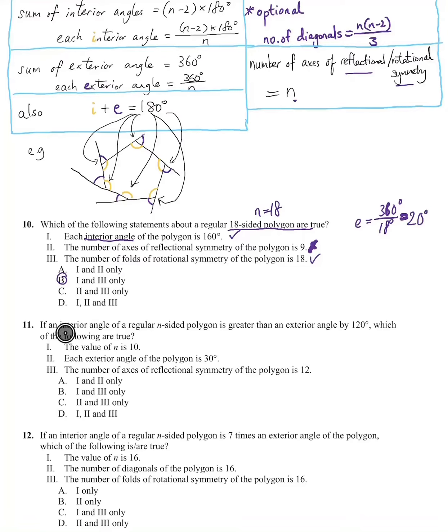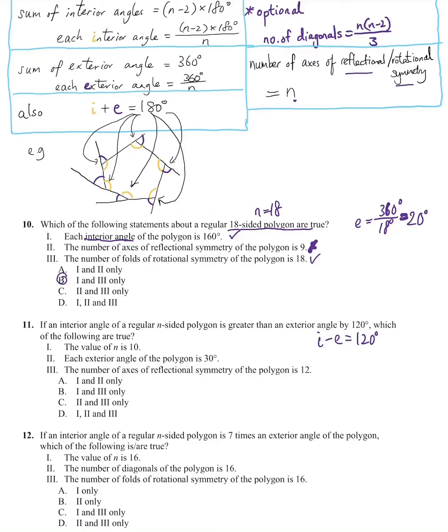Now, they tell us that the interior angle of a regular n-sided polygon is greater than the exterior angle by 120. So the interior angle is bigger than the exterior angle by 120. If we convert it into an equation, it should look like so: the interior angle minus the exterior angle is 120.